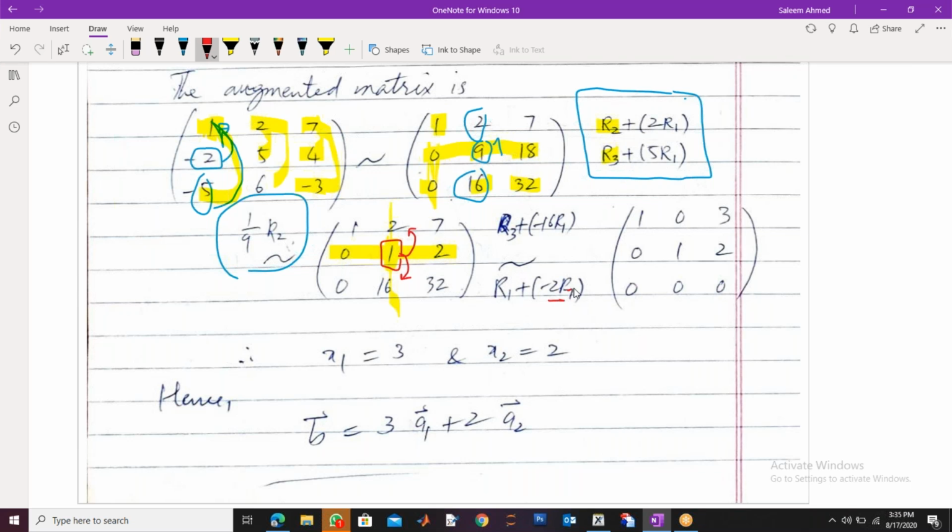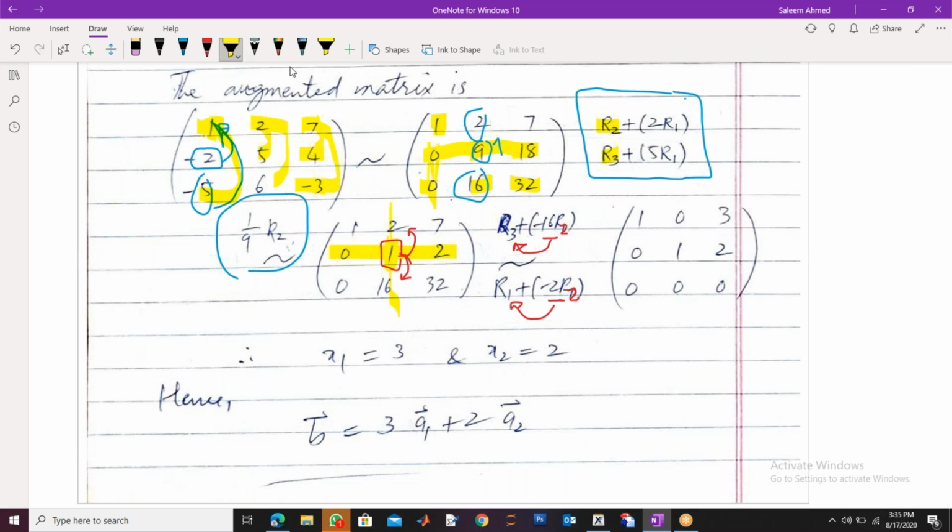Sorry, this is not R1, this is 2R2. Just fix this in your notes. Now we are using R2 to make the 0. So minus 16 R2 in R3 and 2R2 in R1. So 2R2 in R1 will make this 0, and 16 R2 in R3 makes this 0. So I got 0 and 0 here.